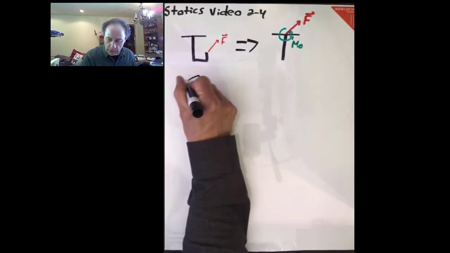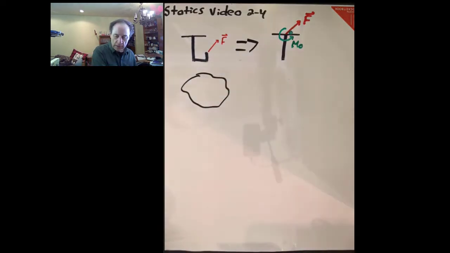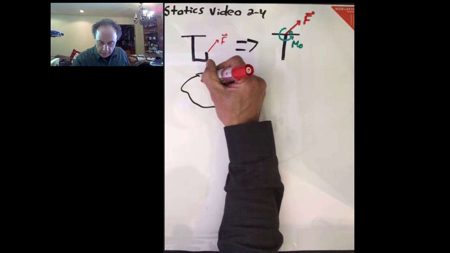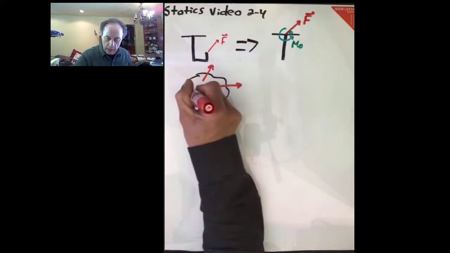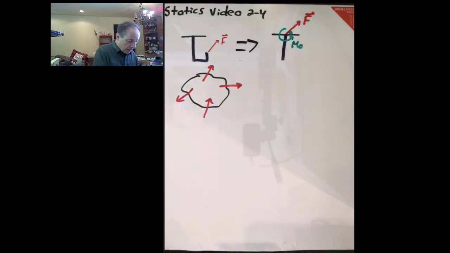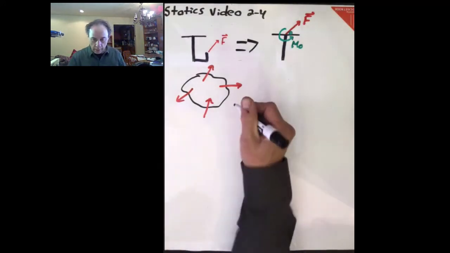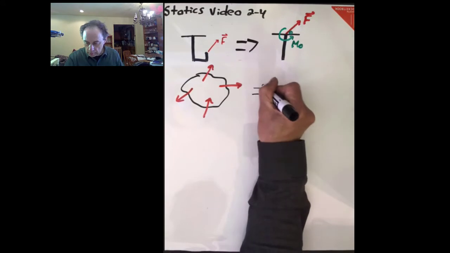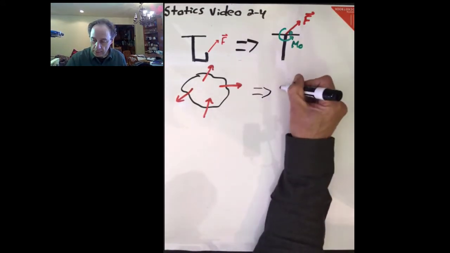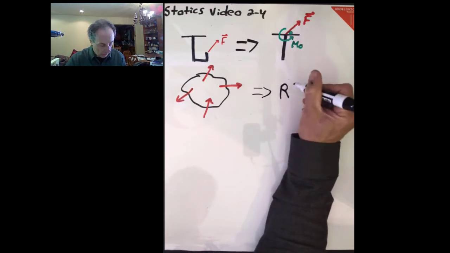And in general, it's often useful if you have just the blob, any generalized form of something that has a bunch of forces coming off it. Okay, these can all be combined into a resultant force.